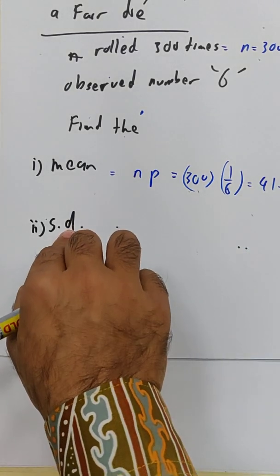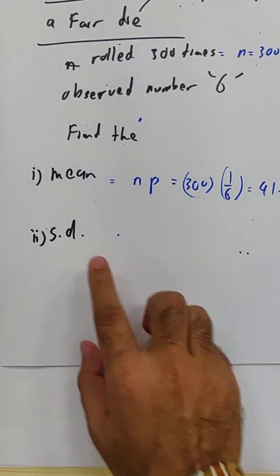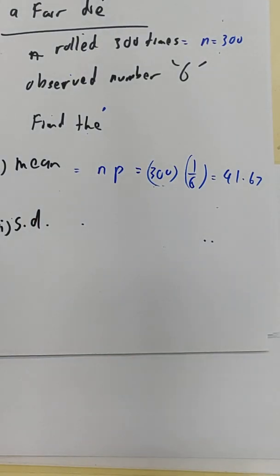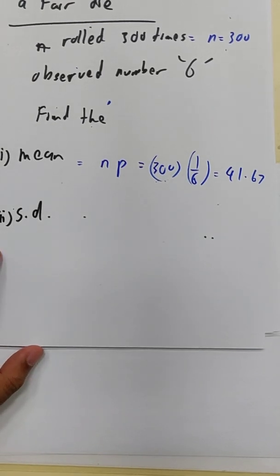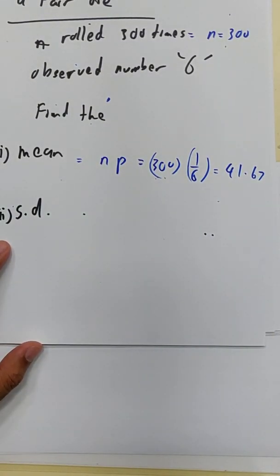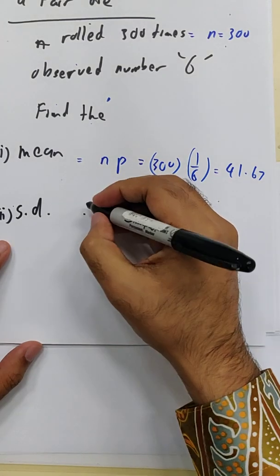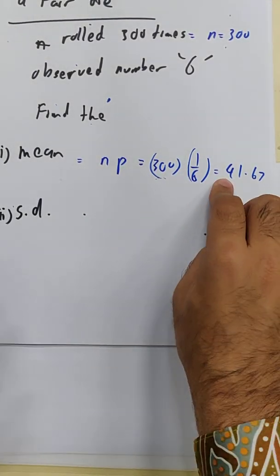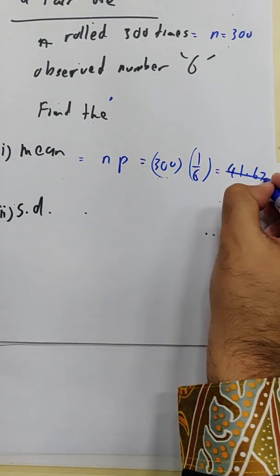Okay, on your own, standard deviation. Can you find this one on your own? I give you 10 seconds. 3, 2, 1. What's the formula? Hey, sorry, I read it wrongly. This one, the answer is 50.